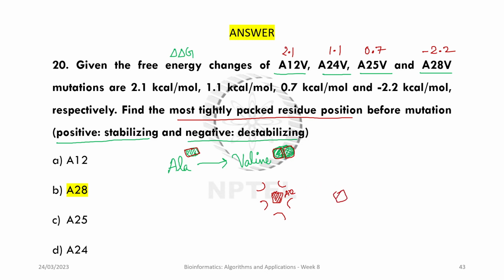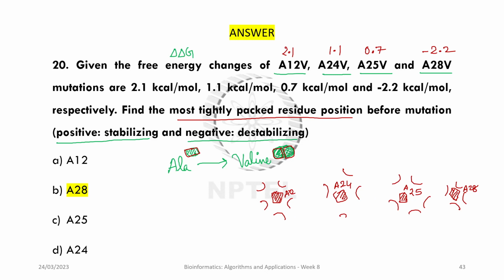Similarly, you will have alanine 24, alanine 25, and alanine 28. I just put random schematics here. This could easily be 12 and that could be 25 also.